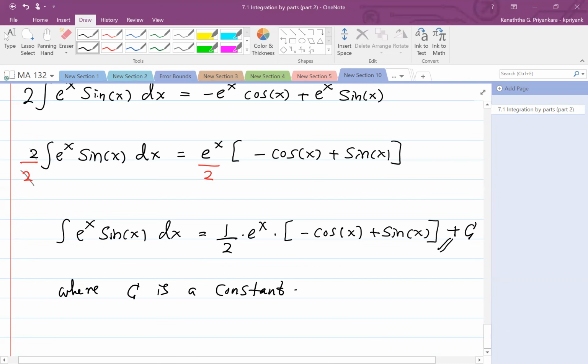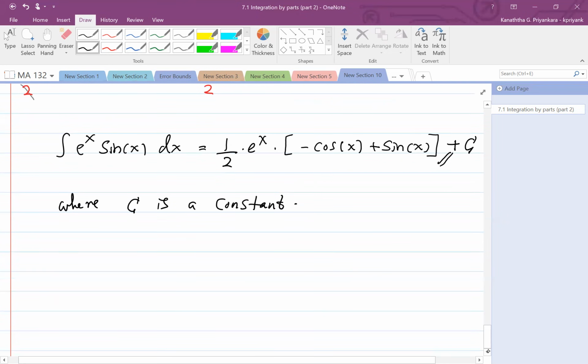So now we are going to do a definite integral. So we have to evaluate the integral from 0 to pi over 2 of e to the power x cosine x dx.